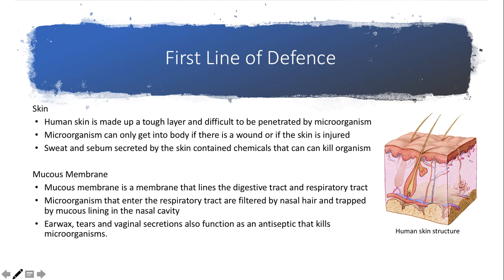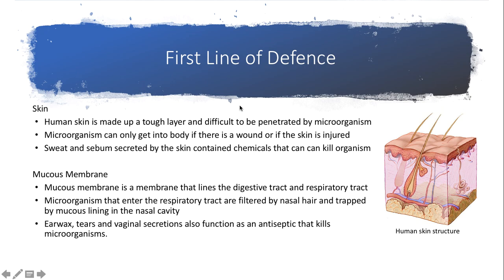The third point, airwax ataupun tahi telinga, okay, tears and vaginal secretions can also function as an antiseptic that can kill microorganism. These also have the ability to kill microorganism, and they fall onto the first line of defense, barisan pertahanan yang pertama sekali.